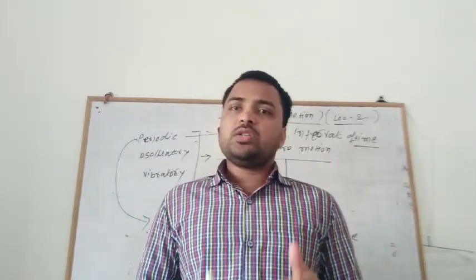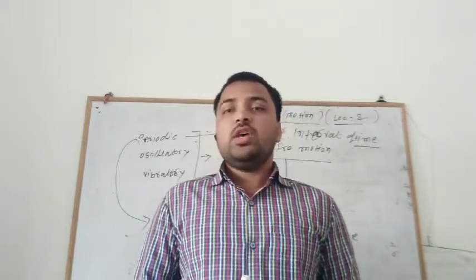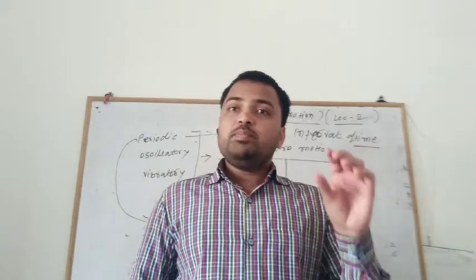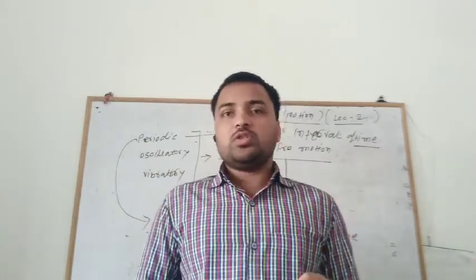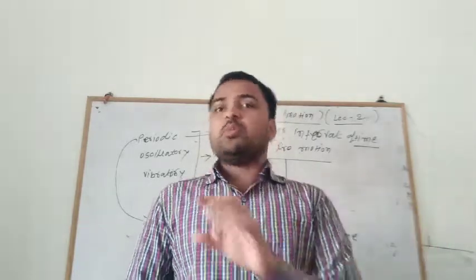Now we try to understand what vibratory motion is. Vibratory motion is also a to and fro motion, but now we talk about systems. In periodic or non-periodic motion, the whole system, the whole body comes into to and fro motion.